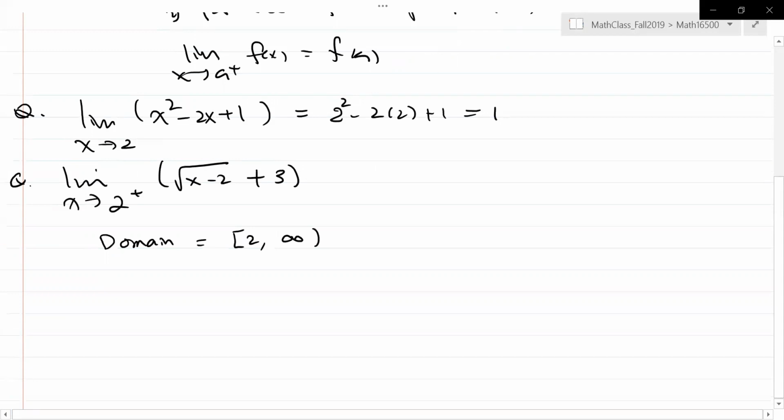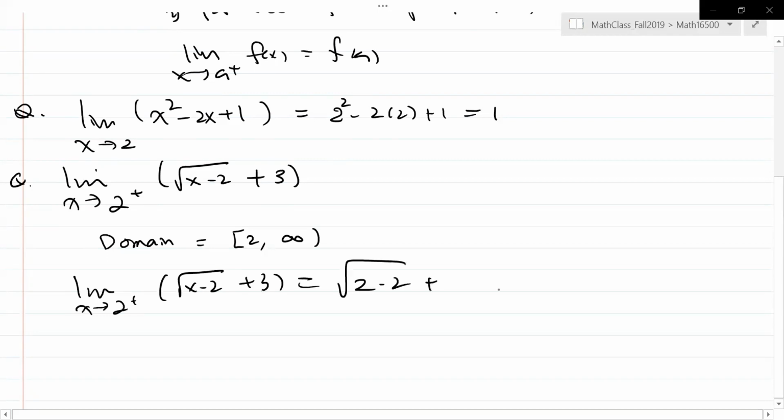It's in the domain, but it's not an interior point. So you can still use the fact to find the limit. The right-hand limit of this function is going to be the value of the function at 2. That's it. So let's check. It's going to be 3.